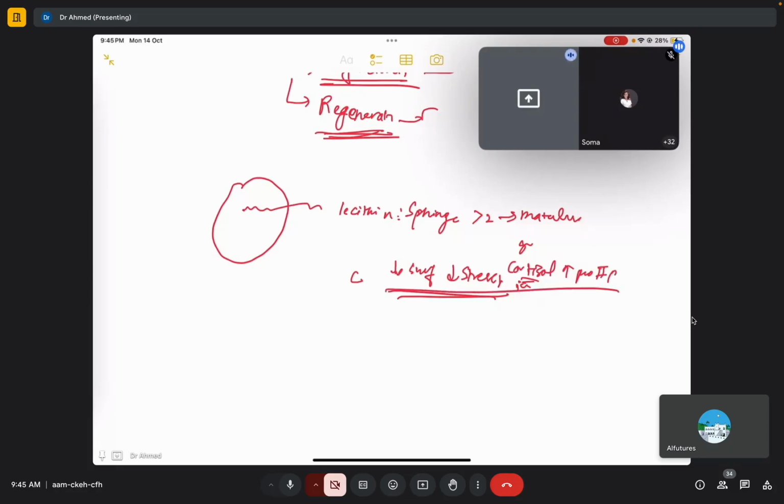You can also see MCQs like this: if a baby is born via cesarean section, which drug should I give him? Just tell me a synthetic drug. Dexamethasone, and betamethasone. You're going to see MCQs related to it.